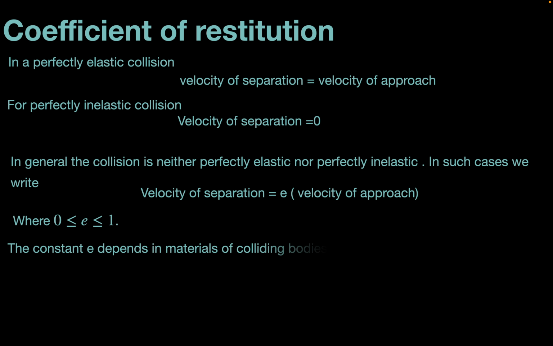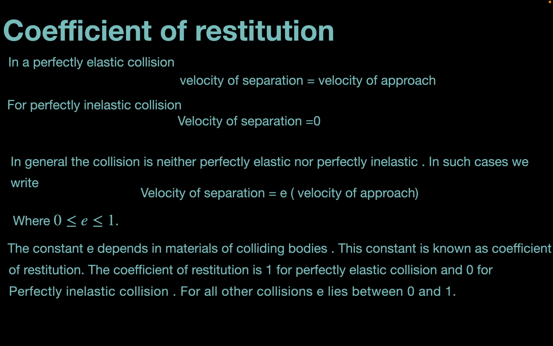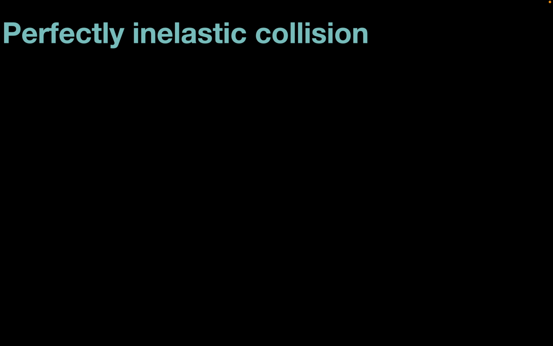The constant e depends on materials of colliding bodies. The constant is known as coefficient of restitution. The coefficient of restitution is 1 for perfectly elastic collision and 0 for perfectly inelastic collision. For all other collisions, e lies between 0 and 1.